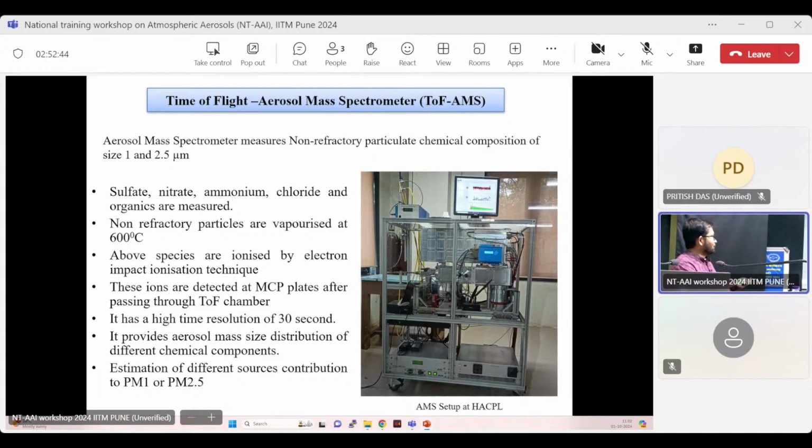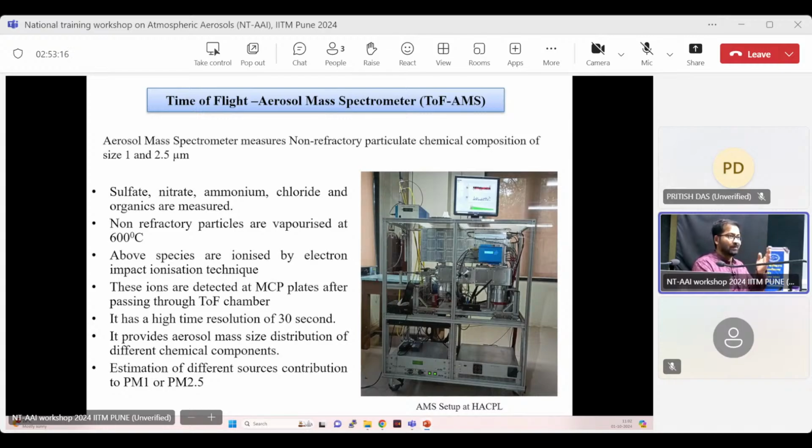So what do we exactly get from these kinds of measurements? We get sulfate, nitrate, ammonium, chloride, and organics. And we get only non-refractory ones. Whenever you see any papers related to AMS or ACSM, you will always see one term, non-refractory. What do we mean by non-refractory? It is basically whatever is vaporizable; aerosols tend to vaporize at different temperatures.